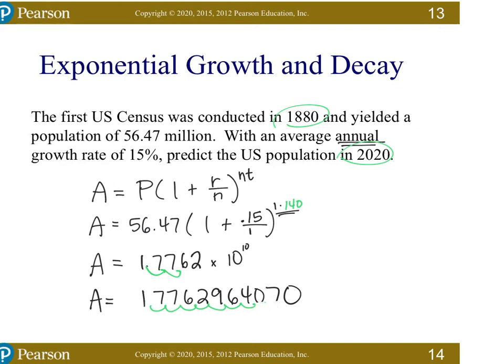Then if I put my commas in the right spot, that's going to give me 17,762,964,070 people predicted for the 2020 census. So we'll just have to wait and see how close we were to predicting the population of the US this year.